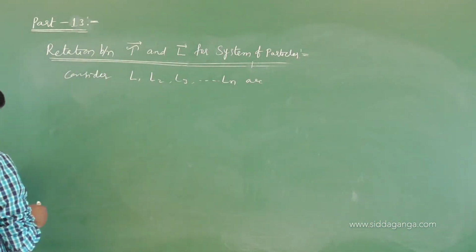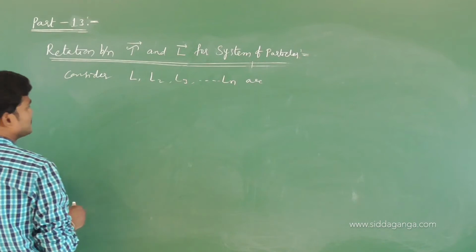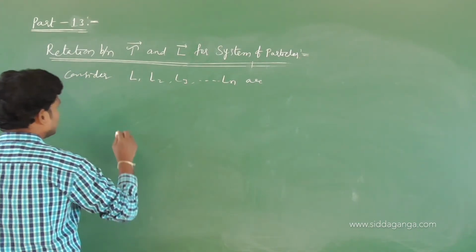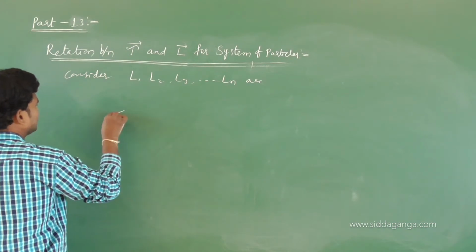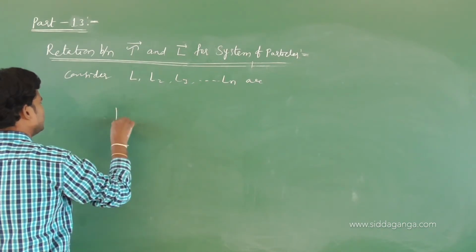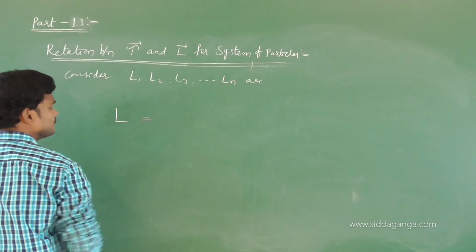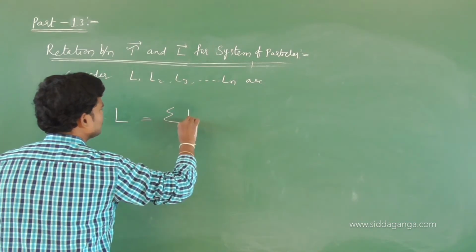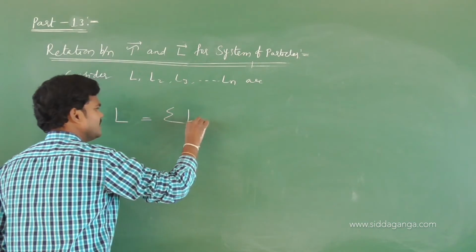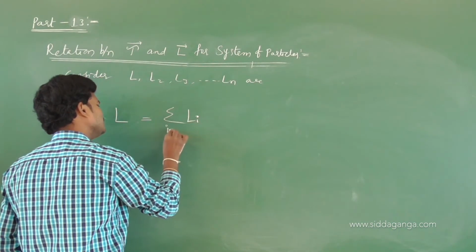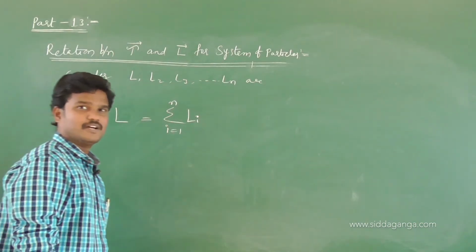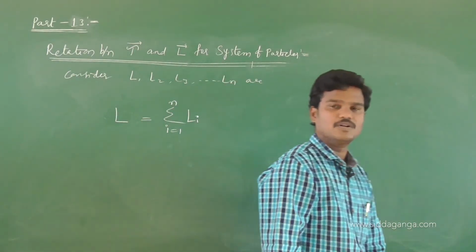Now the total angular momentum we can write as L total, the summation of Li from i equals 1 to n.